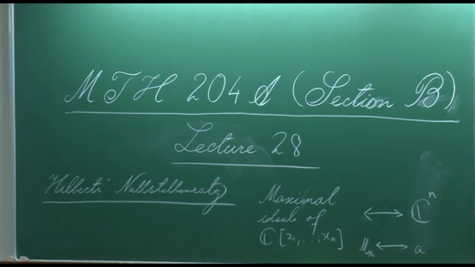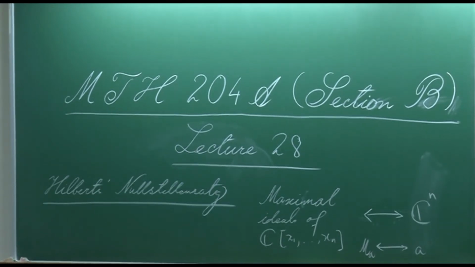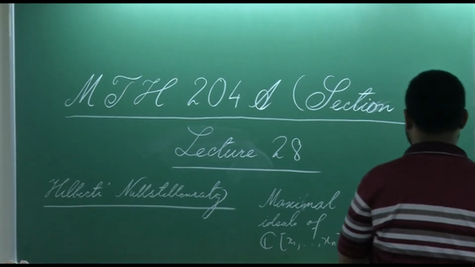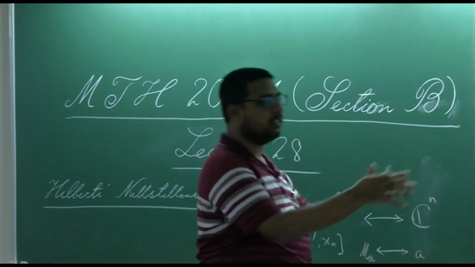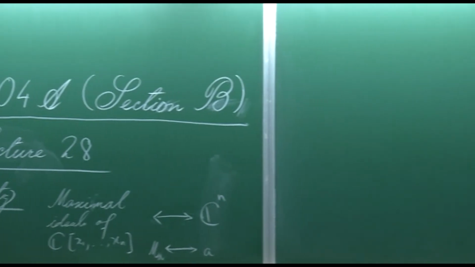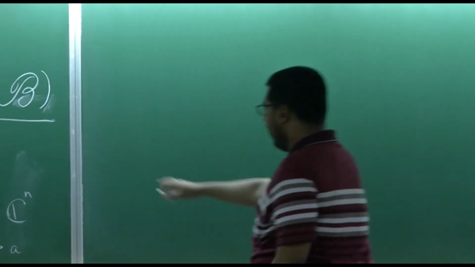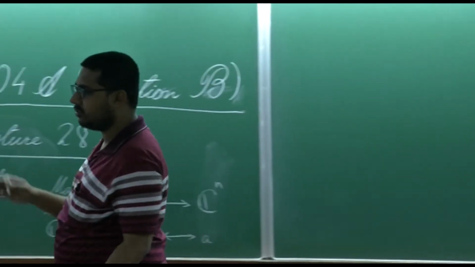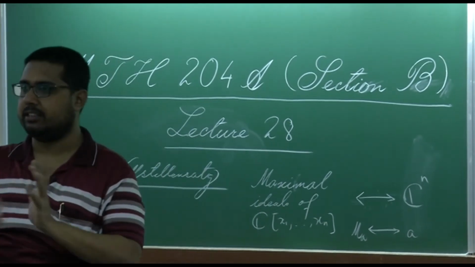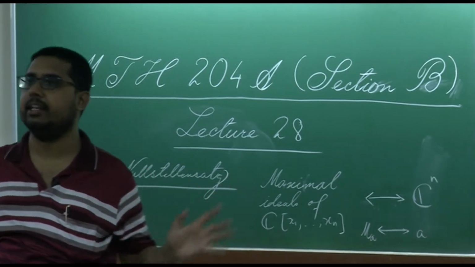The analysis of these algebraic varieties is done in the branch called algebraic geometry. So, Hilbert's Nullstellensatz is basically the gateway for algebraic geometry. Anyway, I am not going to do any algebraic geometry here. I just did Hilbert's Nullstellensatz as it says something about maximal ideals.